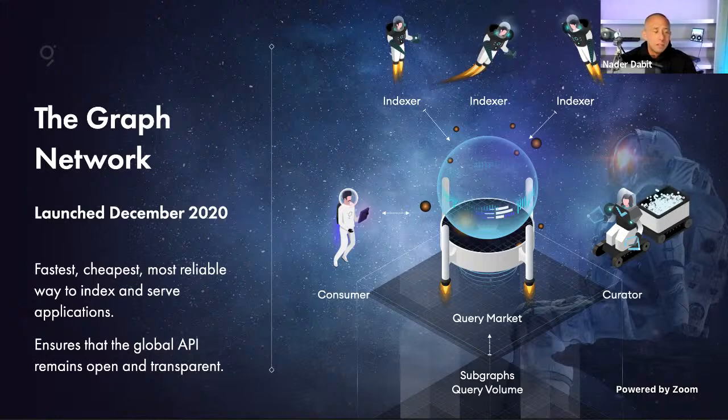I'm going to go over those in just a moment. And then we also have the hosted service, which is what we're going to be using today, because with the hosted service, we don't have to stake any tokens and we don't have to do any of that stuff. It's a great way to just get started understanding how to build. But with the actual network itself, you can be a participant in a few different ways.